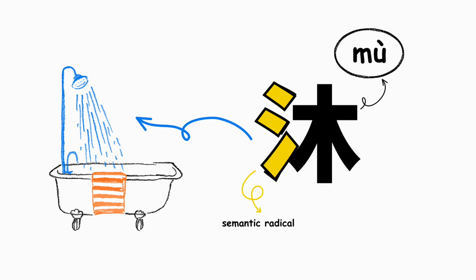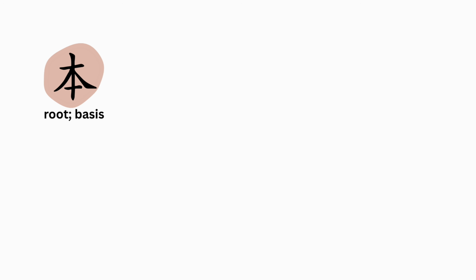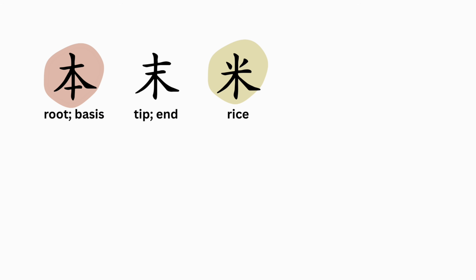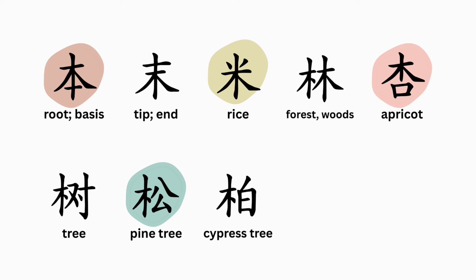Mu. It helps you remember how to pronounce the word. This is called the phonetic radical. So mu is a semantic phonetic compound. In fact, there are thousands of characters that contain mu as a component. If you know mu, it will be much easier to remember those new characters.